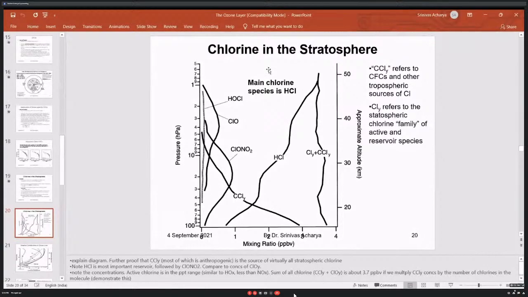You can see here the chlorine in the stratosphere, and these are the different forms of chlorine in the stratosphere, and these are the main precursors, the main culprits, which cause destruction of the ozone.